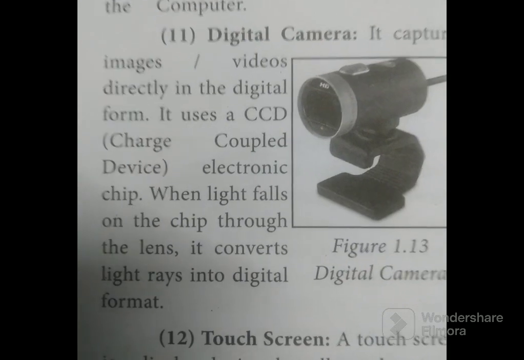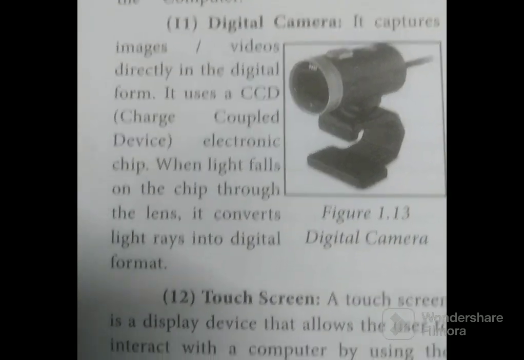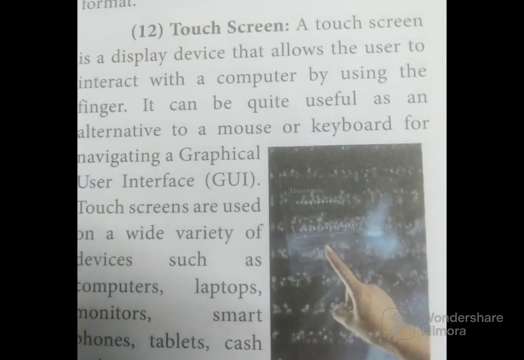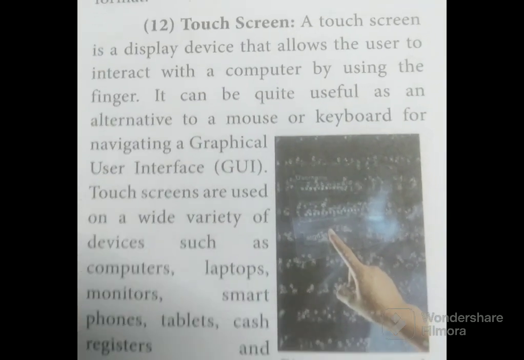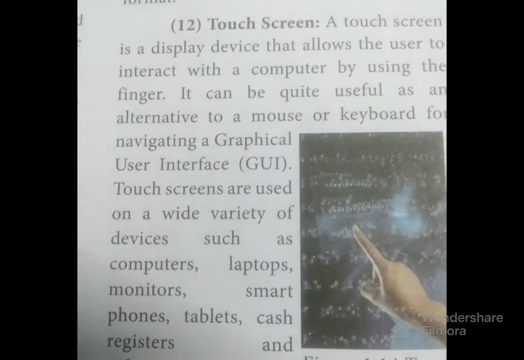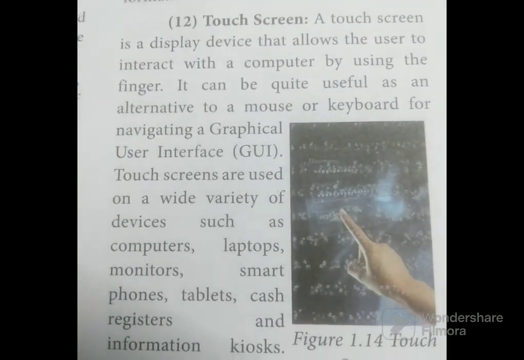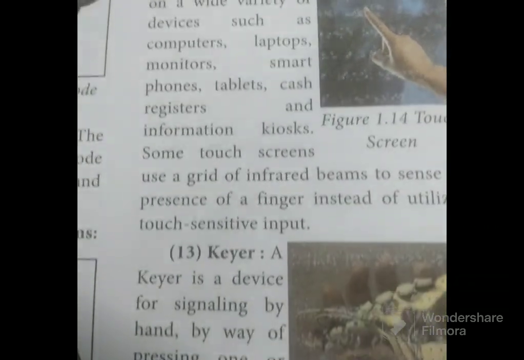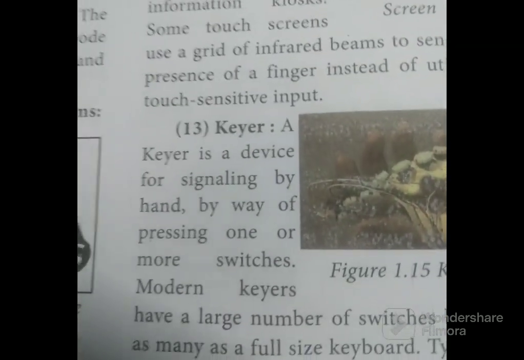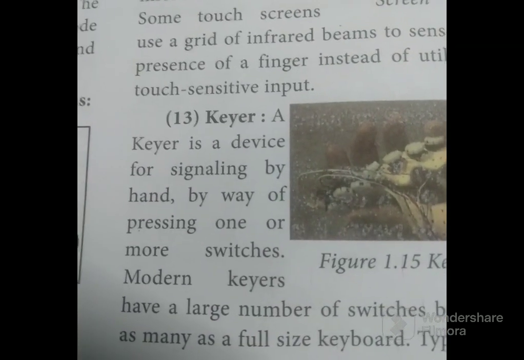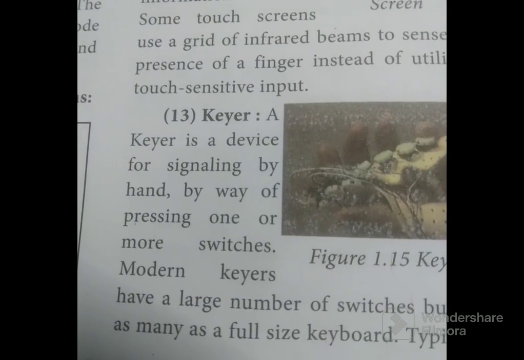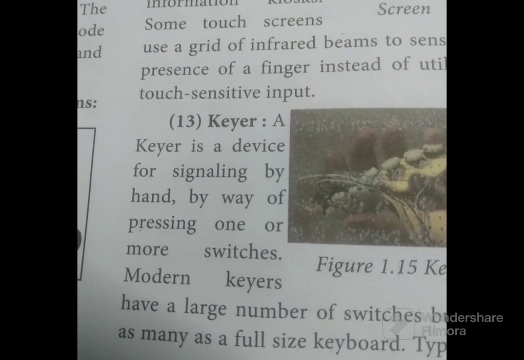Other input devices includes digital camera, touch screens. This is very familiar for us. For example, we are using daily our mobile phone. And the last one is keyer. It's a device for signaling by hand by pressing one or more switches.